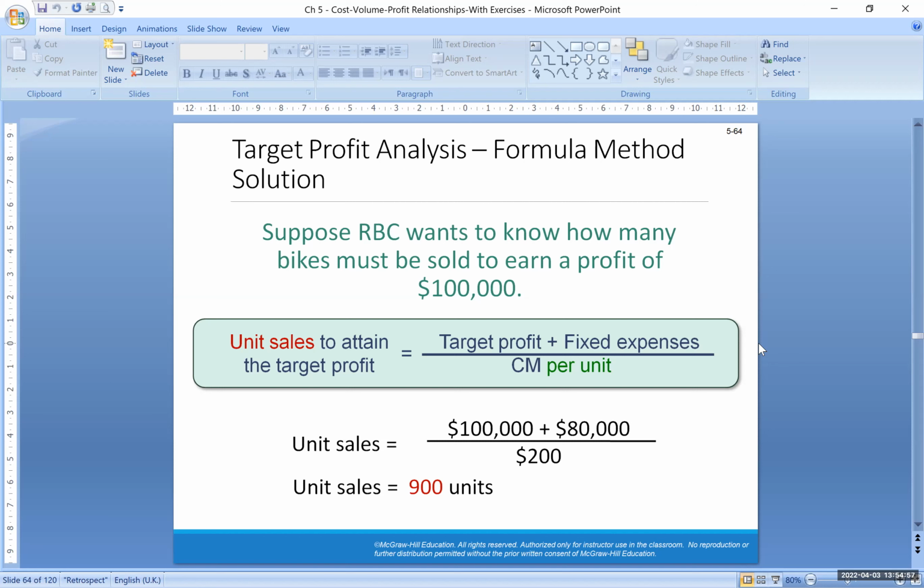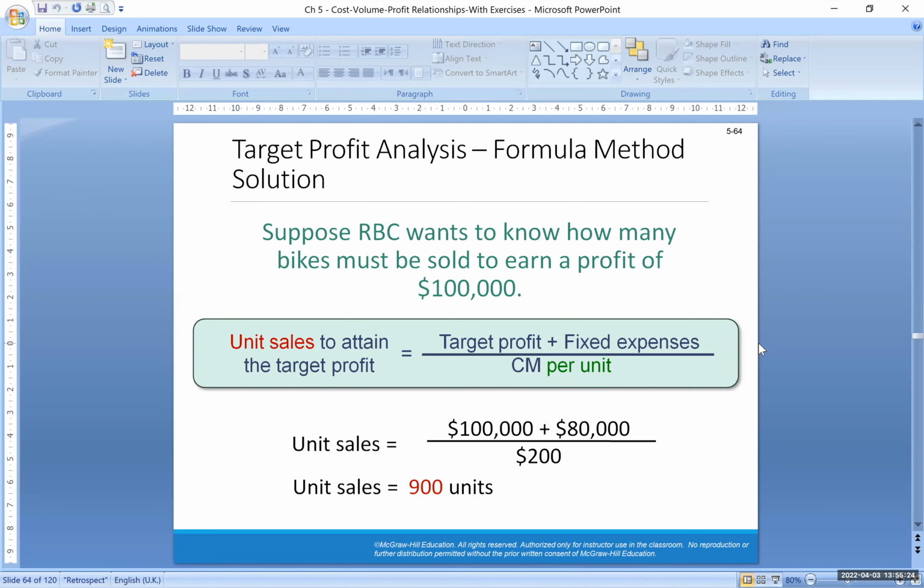So we need to sell 900 units in order to get the $100,000 as a target profit. The answer here is represented by units, not dollars. If we want to calculate it in dollars, then we need the CM ratio, which is in the next slide.